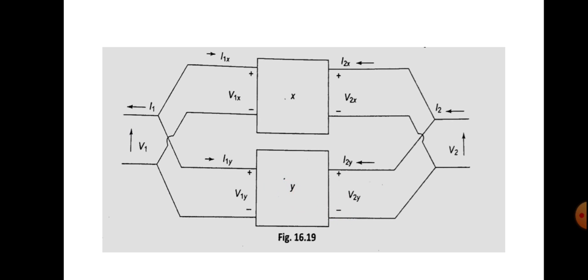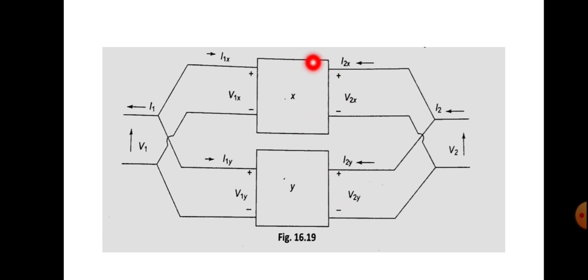Let us see. First of all, for the parallel connection we are using the admittance parameter. You know that in the case of admittance parameters we represent the currents of the two ports, I1 and I2, in terms of V1 and V2. That is the speciality here.